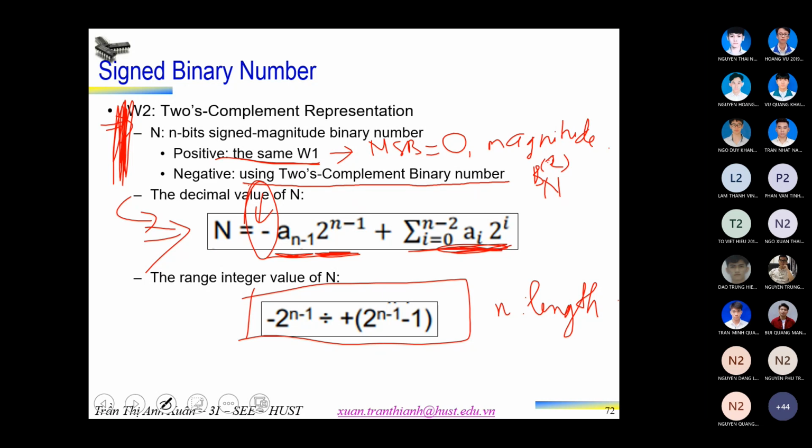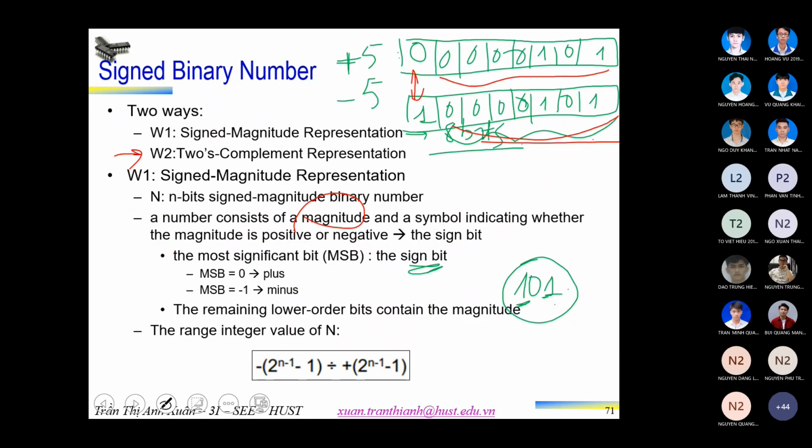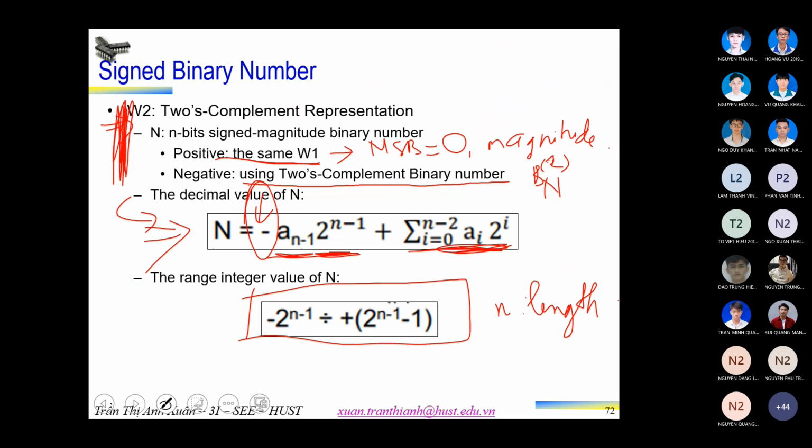Okay, and then we must distinguish the unsigned binary number, the signed binary number with the first way, that means the sign and magnitude representation, and the signed binary number represented using 2's complement.